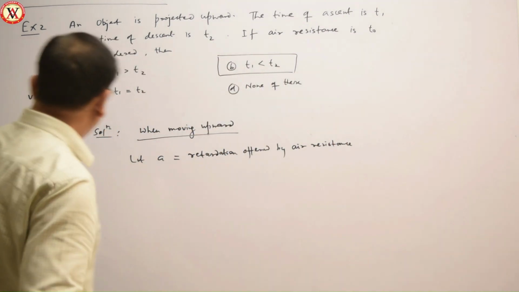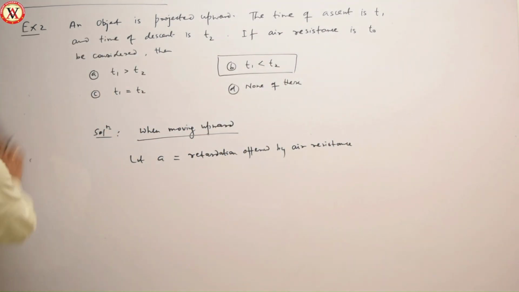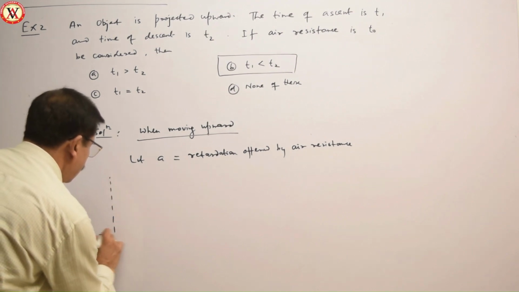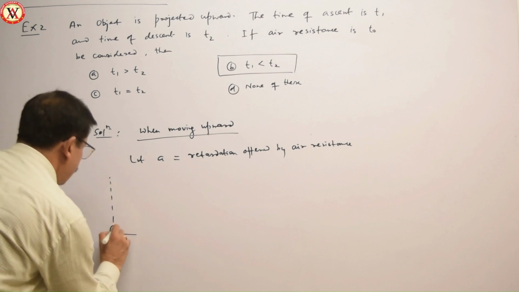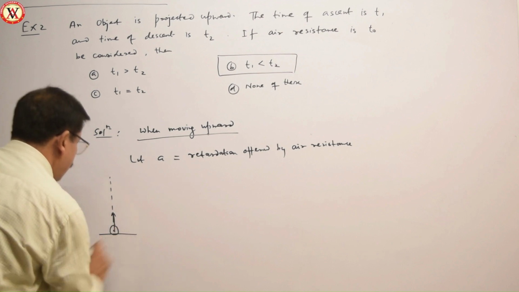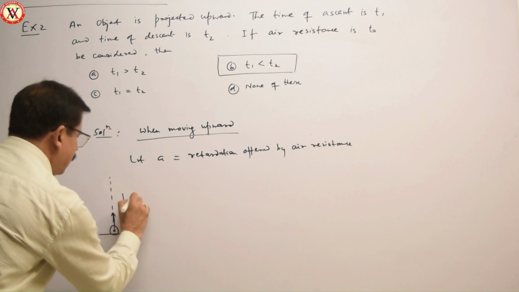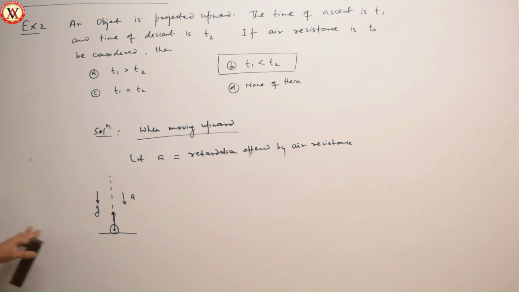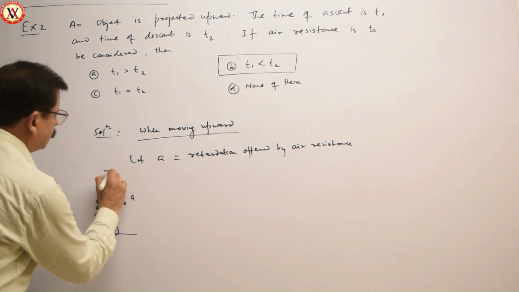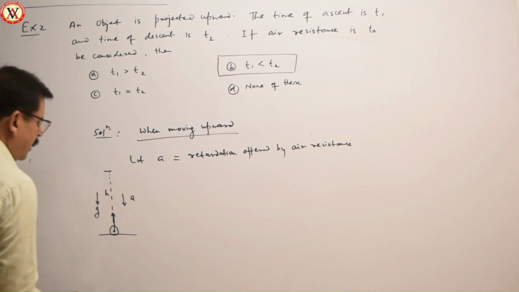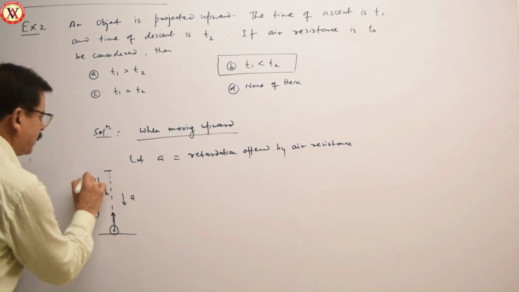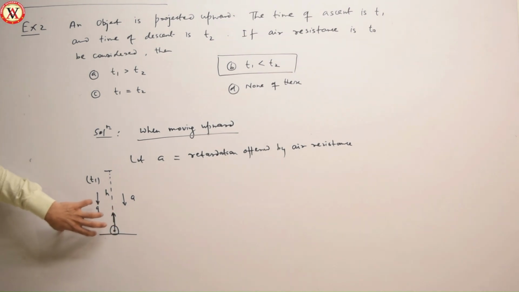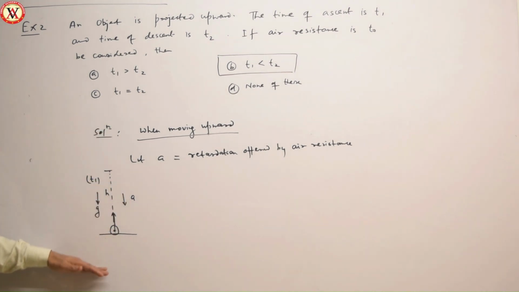So while moving upward, we find a is acting opposite and small g is also acting opposite. Let the object go to height h. While moving up, it takes time t1. So the effective value of acceleration will be g plus a, with negative sign.